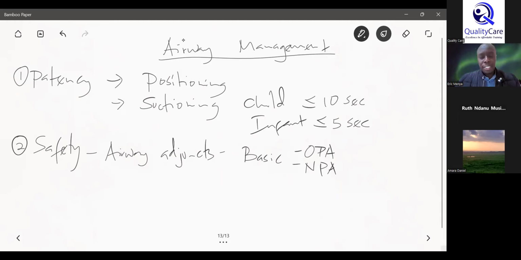What kind of patient can we insert an OPA on? Any patient who does not have a base of skull fracture. Yes. NPA, base of skull fracture. OPA, so of course, no facial injuries.